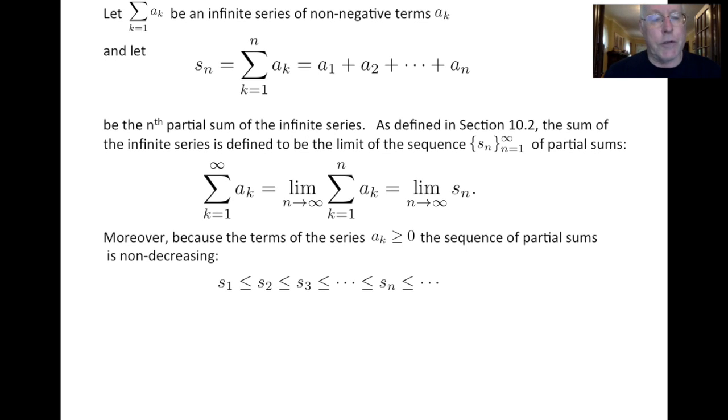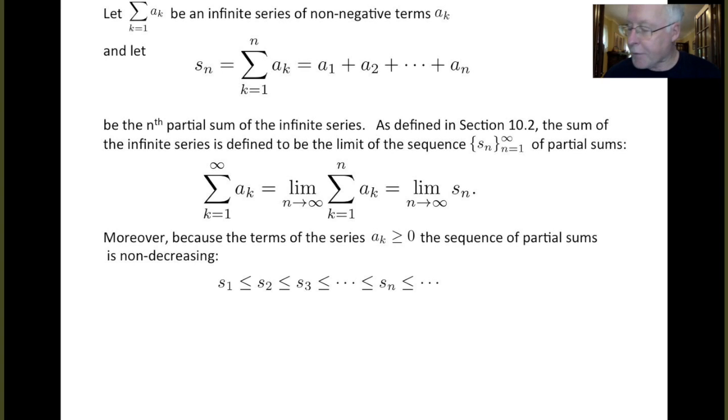So the summation k equals 1 to infinity of a sub k is the limit as n goes to infinity of the sum k equals 1 to n of a sub k, and that sum from 1 to n is the partial sum s sub n, so we have the limit as n goes to infinity of s sub n. Now, we've said the terms a sub k are non-negative, that is, they're greater than or equal to 0.